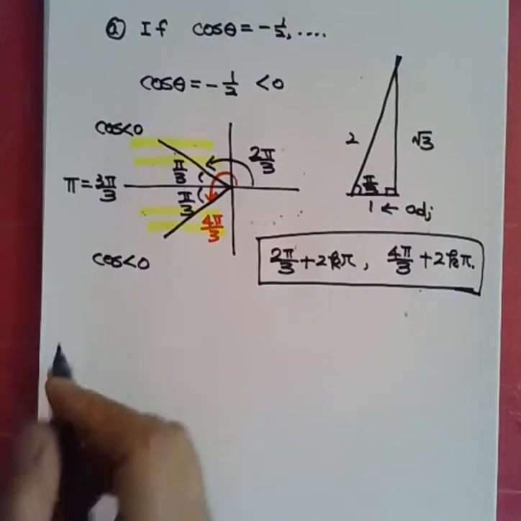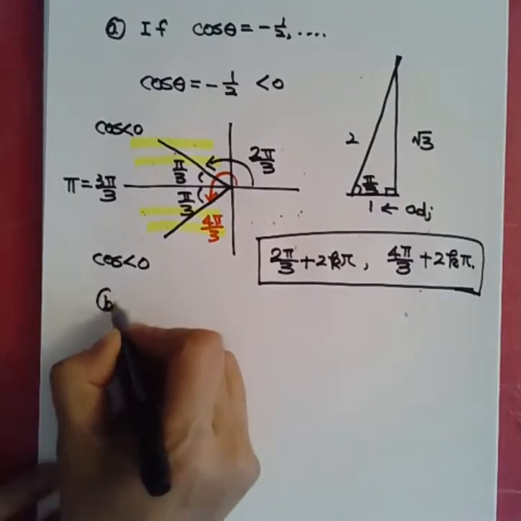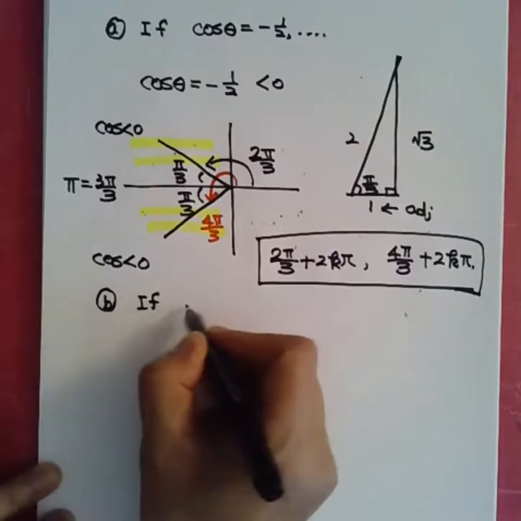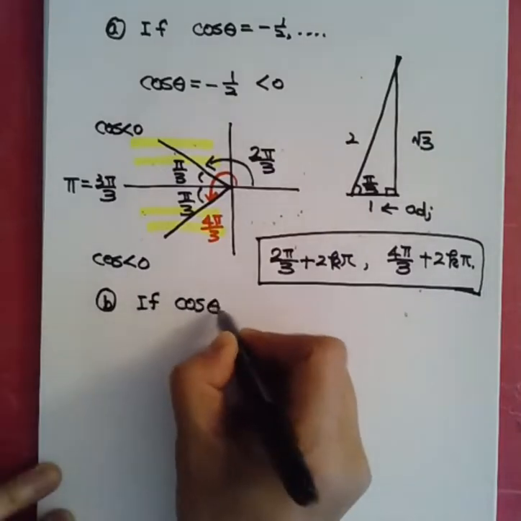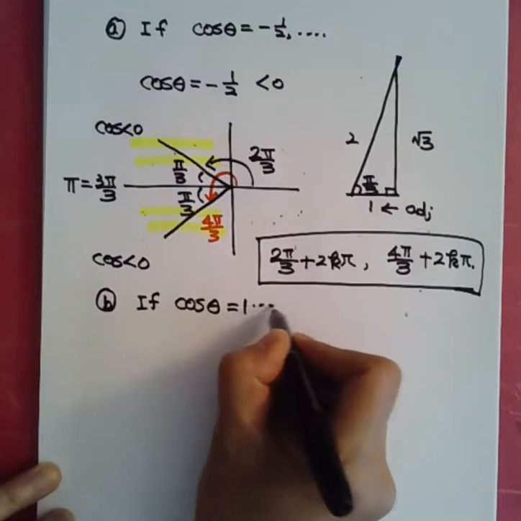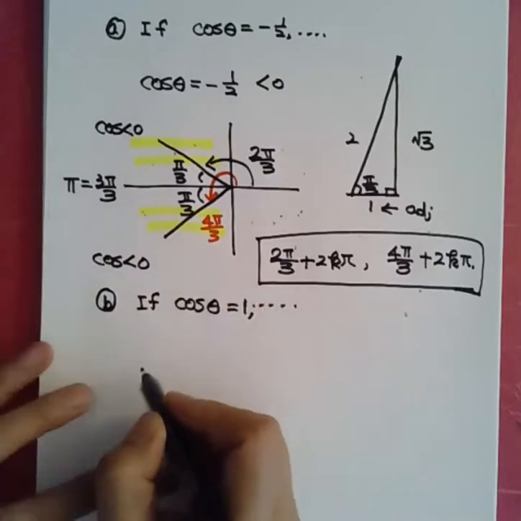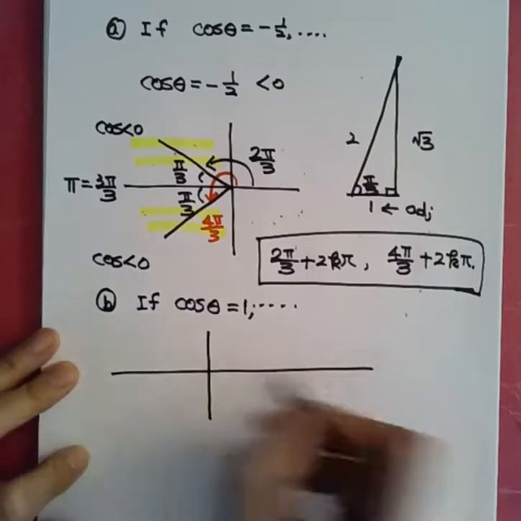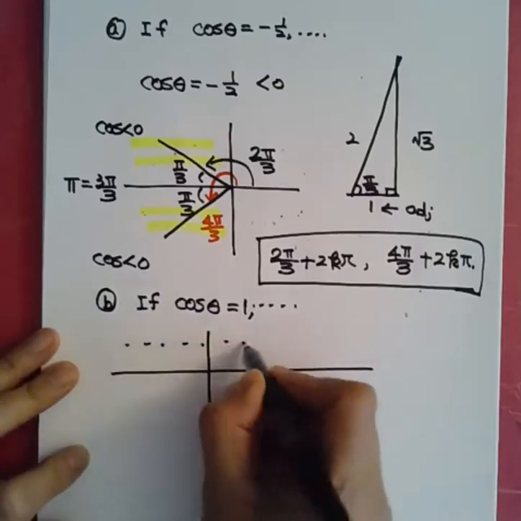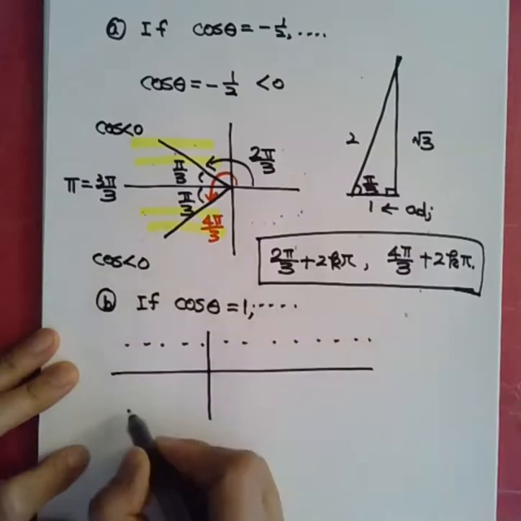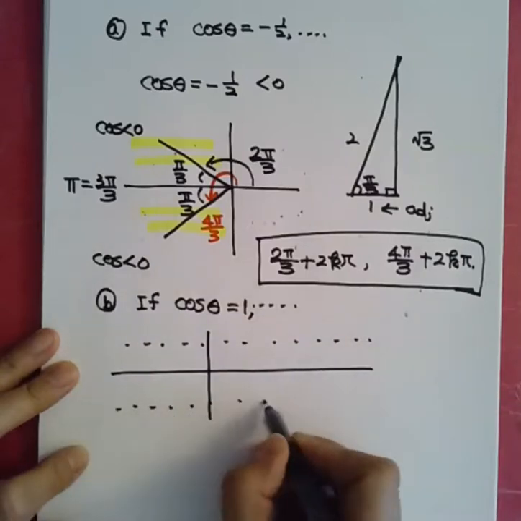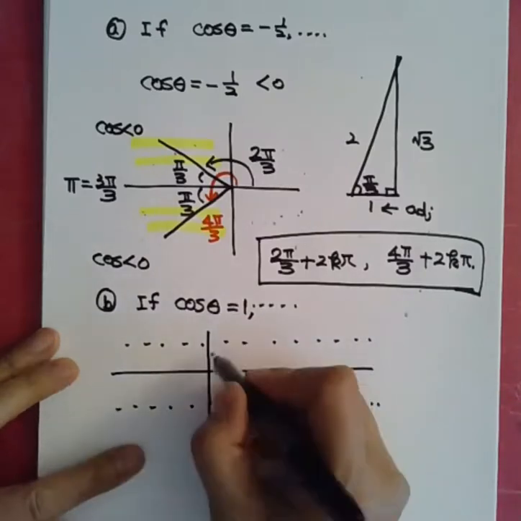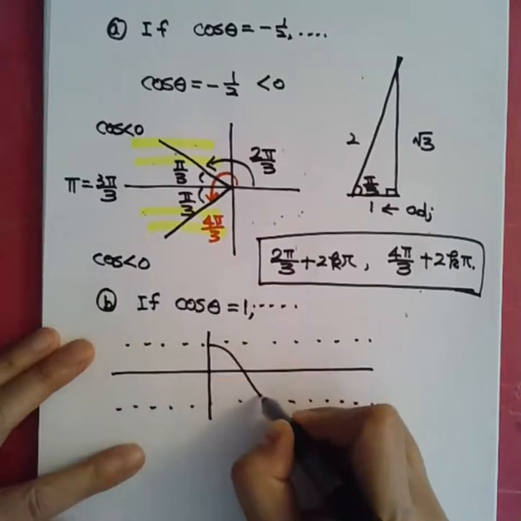Then the next one, if cosine of theta equals 1, 1 is the maximum value of the cosine function, so we have to figure out the angles by drawing the graph of the cosine.